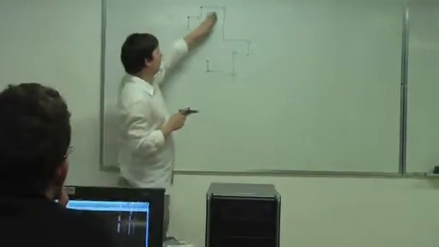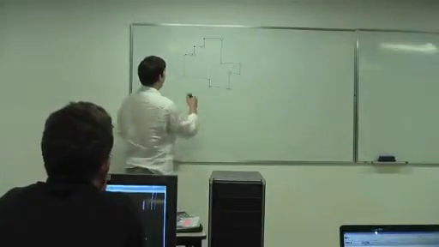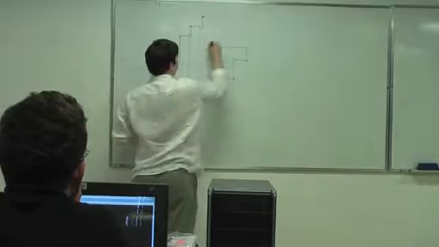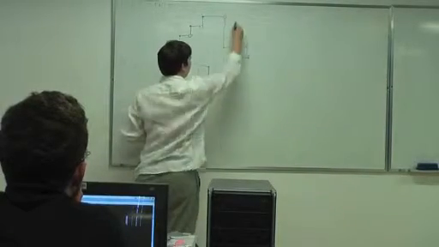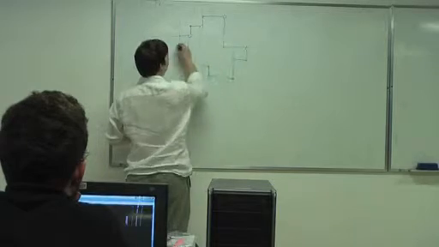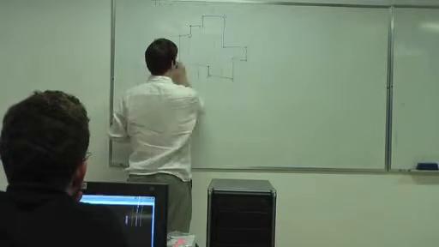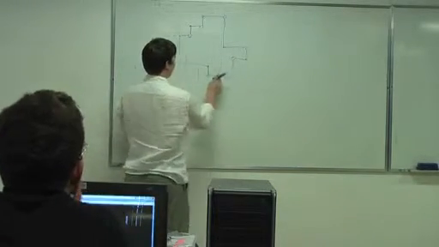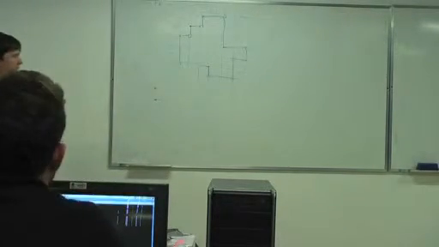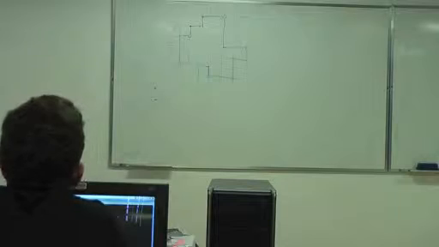And permutomino means that on every x and y there is exactly one segment, exactly one side. So on every x and y there is exactly one side of our polygon, this side, this, and so on. So this is the definition.